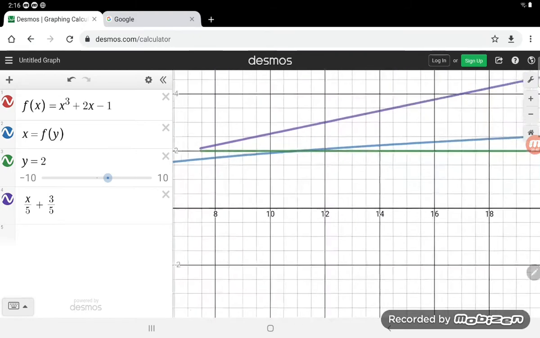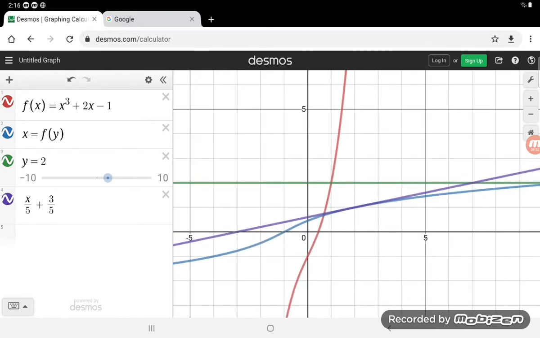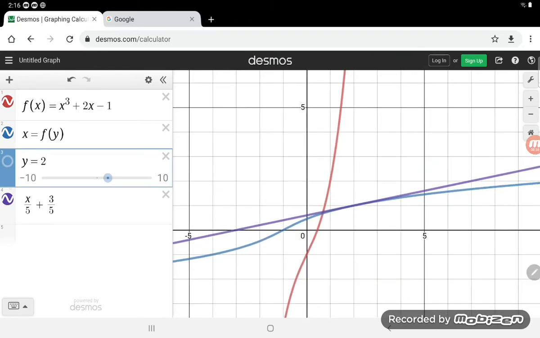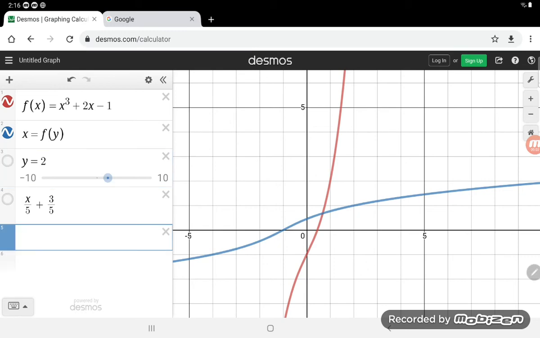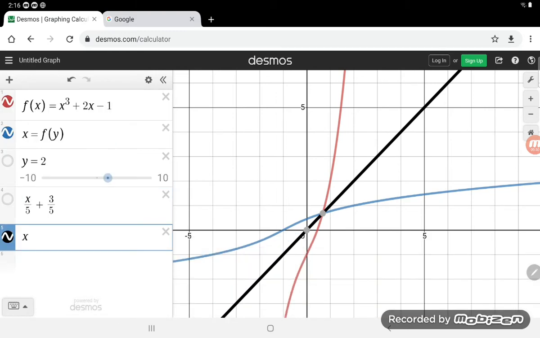Sometimes technology is not your best friend. So there are the two functions, and if you look at the y equals x line, I could just put in an x here, and there's the y equals x line.